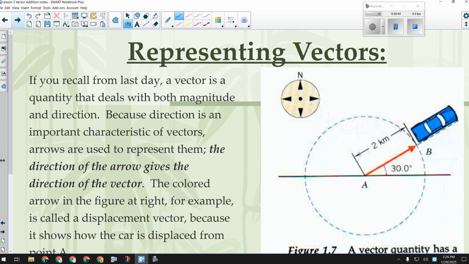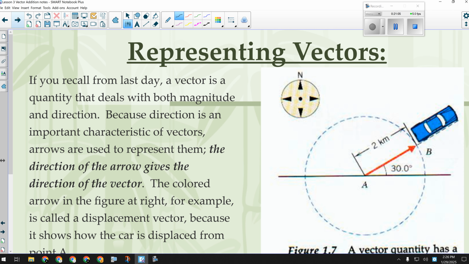All right, so the conventions for drawing and representing vector quantities. We represent vector quantities with arrows. Now, a vector quantity has both magnitude and direction, so there's two qualities of the arrow that we use to represent those things.